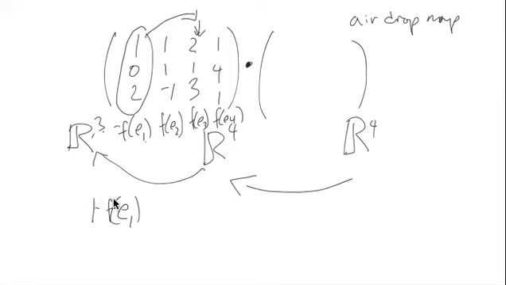Let's multiply it by a specific number, -2, and then plop it. So we take this and plop it on top of f of e3. Maybe that's going to be the new f of e3, and all the other guys stay the same.